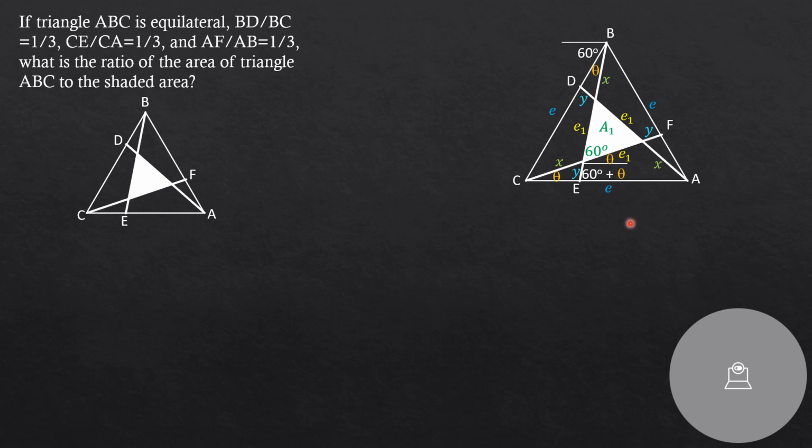So that we obtain the ratio of, for this triangle, we have similar triangles here. This is 60 degrees, and if that is 60 degrees, that is also 60 degrees.